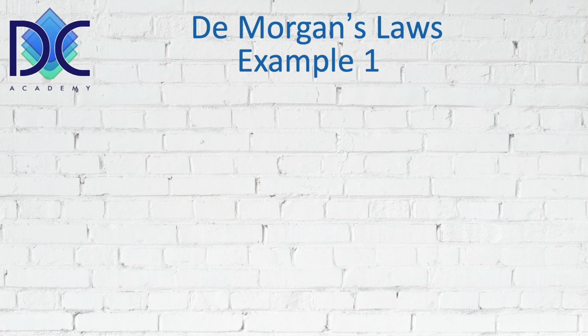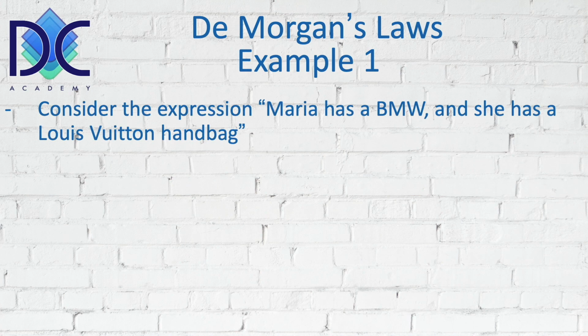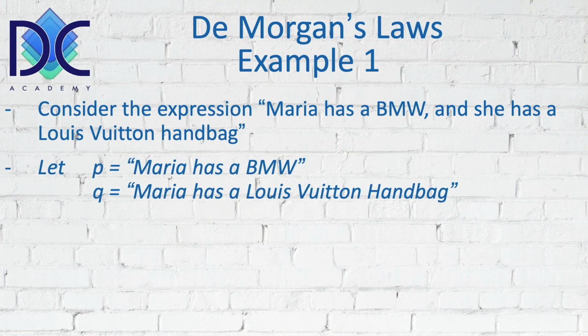We'll have some examples related to De Morgan's laws. First of all, we have the expression: Maria has a BMW and she has a Louis Vuitton handbag. Now let's have a look. We can say that the proposition P is Maria has a BMW, and the proposition Q is Maria has a Louis Vuitton handbag.